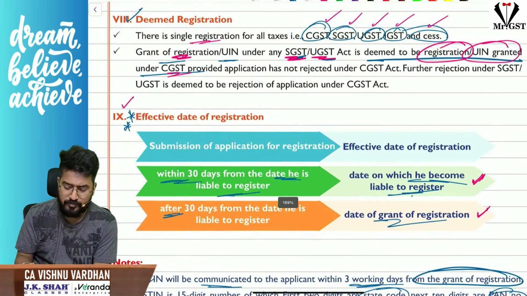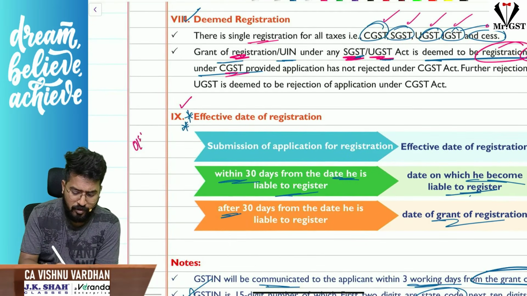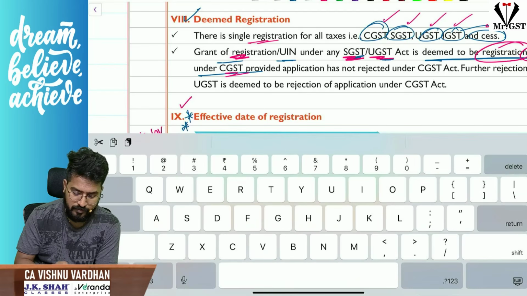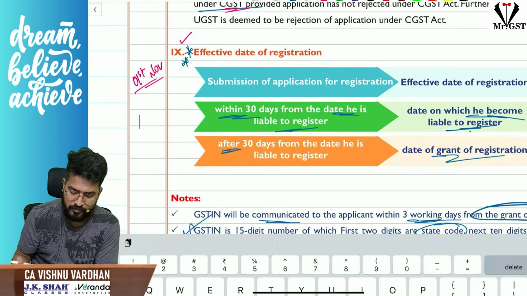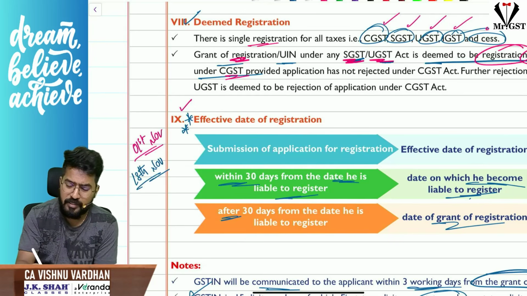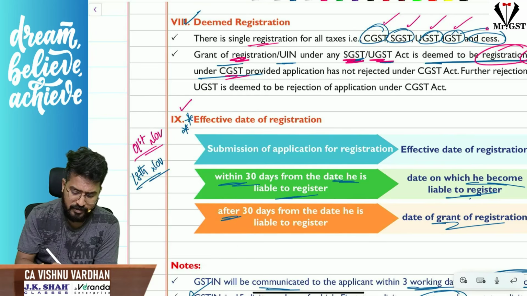So for example, sir, you became liable on 1st November. You are applying for registration on 18th November. Within 30 days only you are applying, and you are getting the registration certificate.